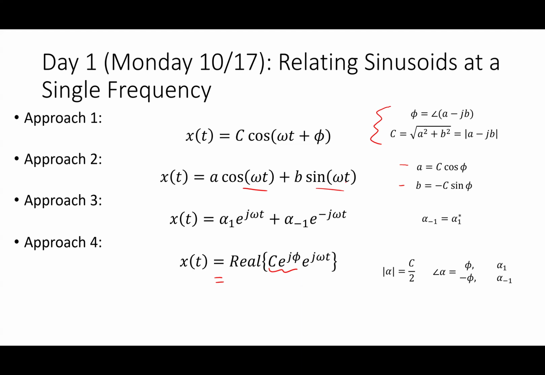I can also think of it as 2 vectors rotating in the complex plane. Which one's clockwise? Which one's counterclockwise? Positive j is counterclockwise, right? Because counterclockwise is the positive direction.